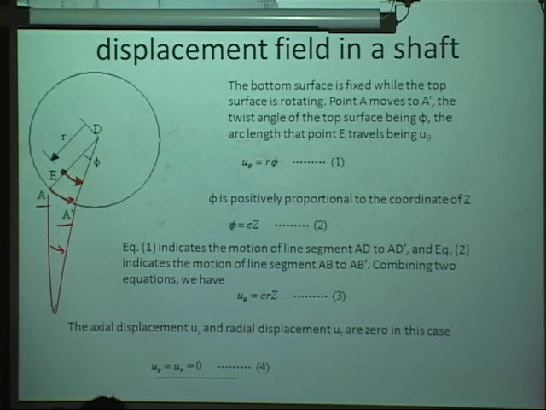But on the cross-section, any point is also moving in the theta direction. Let's say this is the angle phi, and this is the radius r, indicating point E. So E has a radius r and angle phi. I mean, phi is the amount of rotation.